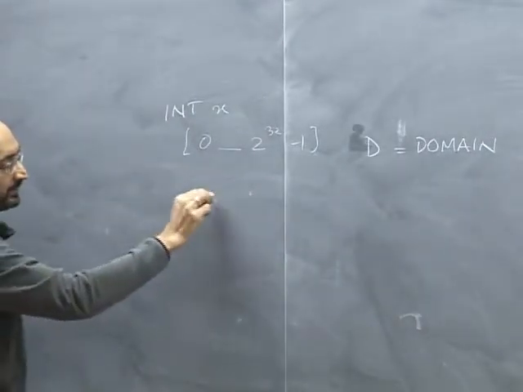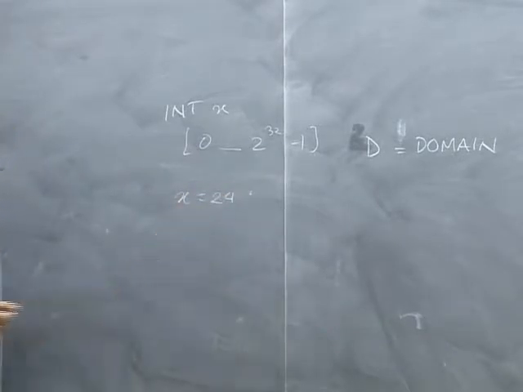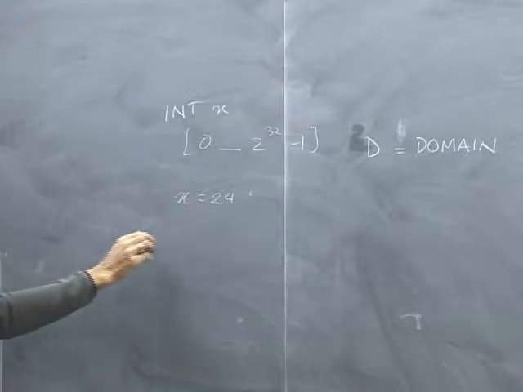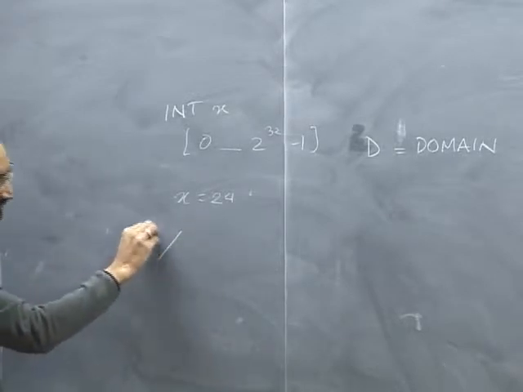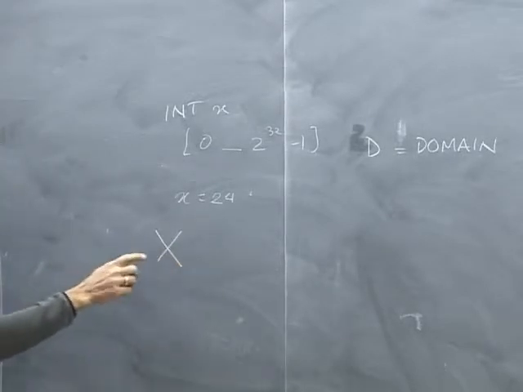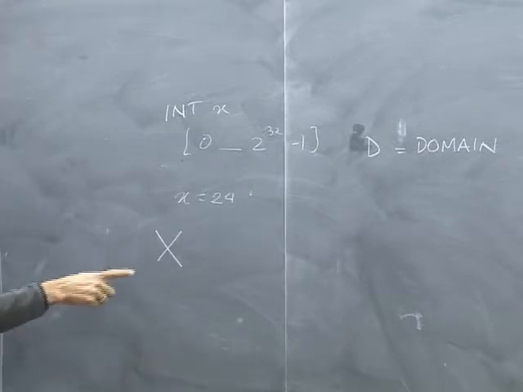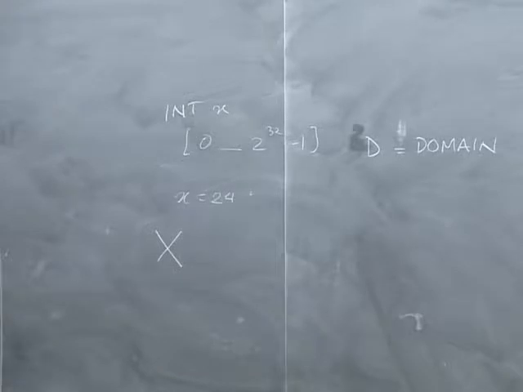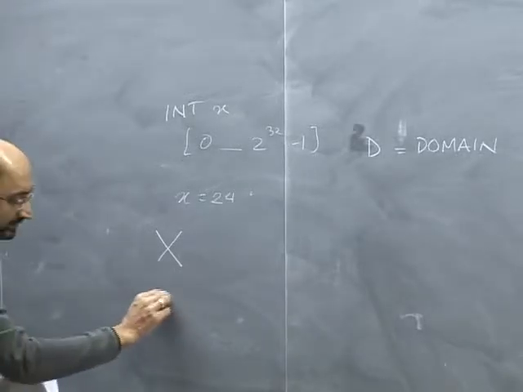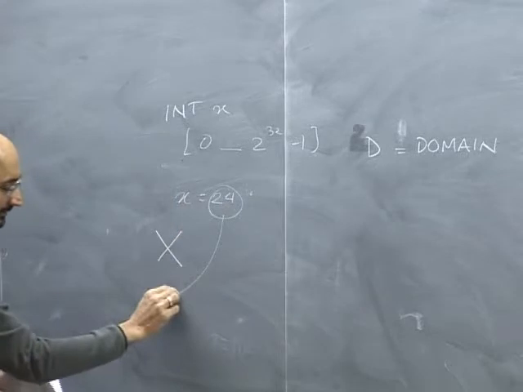Okay, so let's say that the value x has is, let's say, 24. Then we can think of two things really. One is the variable x itself. I'm now going to use a slightly different notation. Capital X to me denotes the variable, and small x represents this number over here.